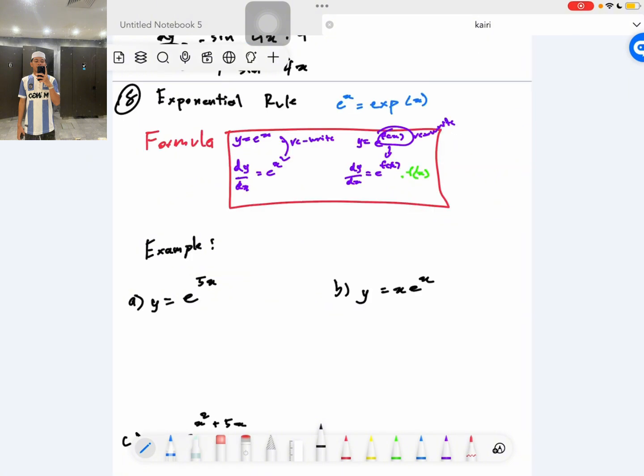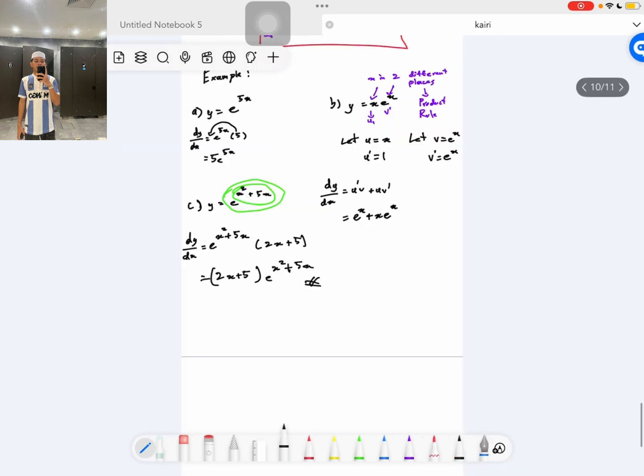Okay, the next one is exponential rule. The formula is y equal to e to the x. For this, its dy/dx is equal to e to the x also. We only need to rewrite the power. For the example, y equal to e to the 5x. So we rewrite e to the 5x and then differentiate the 5x, so we'll get 5e to the 5x.